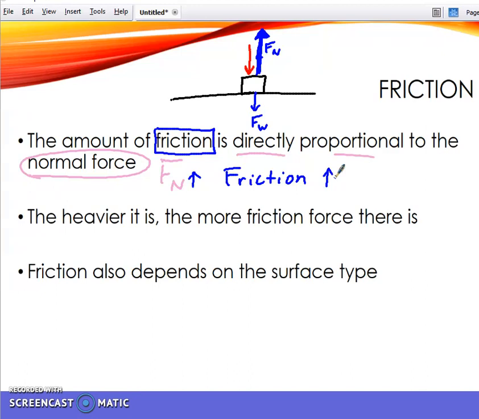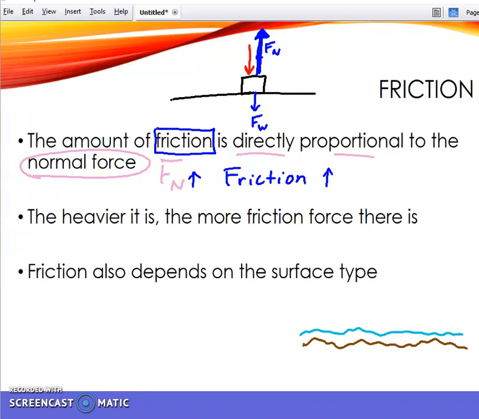Okay. Now, friction also depends on surface type. If I have two different surfaces, let's take a wooden floor that's really nice and smooth. Microscopically, there are a bunch of jagged edges on that wood. And if you take something else that's nice and smooth, like a piece of glass, microscopically there's going to be some rough edges as well.